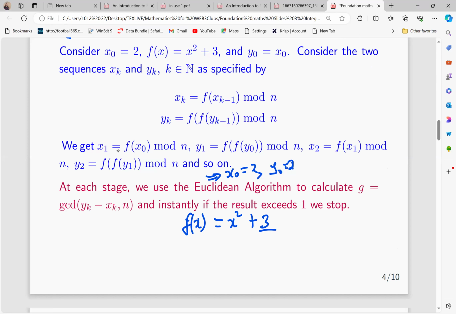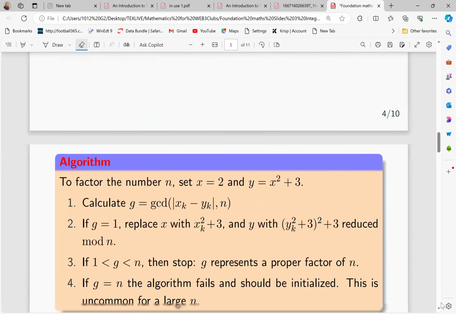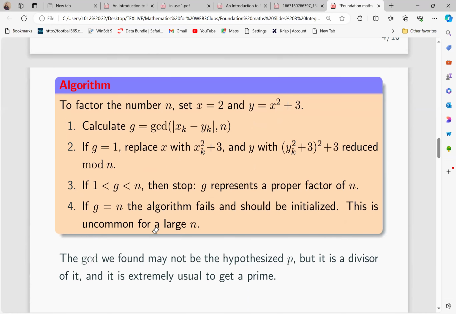You can use 1, you can use any constant there. Once you set these initial values, find x1 and find y1. Then subtract x1 from y1 and find the GCD. This is the algorithm. You can try to improve this and put in Rust what I've said.